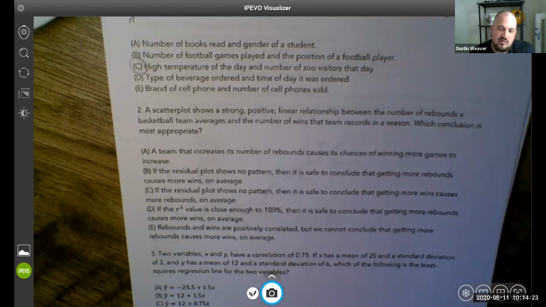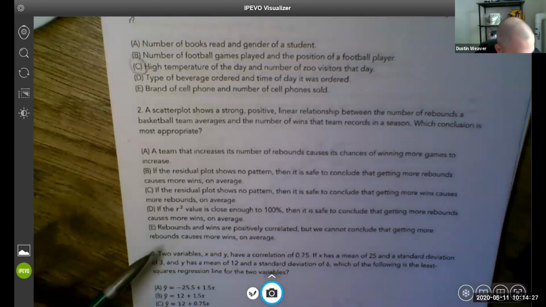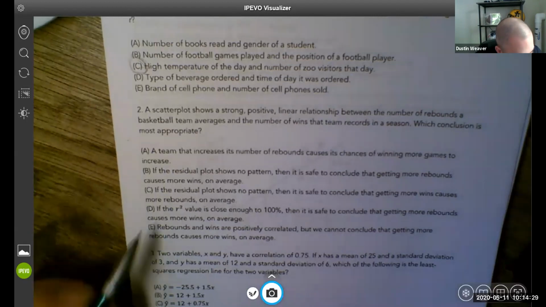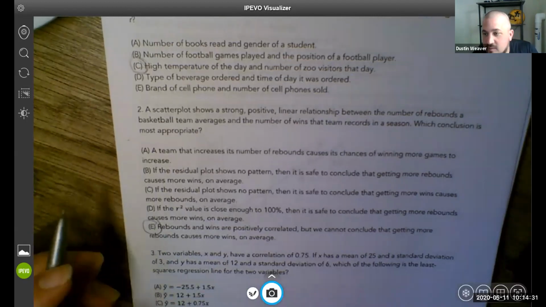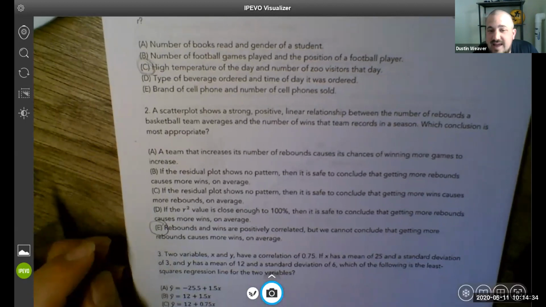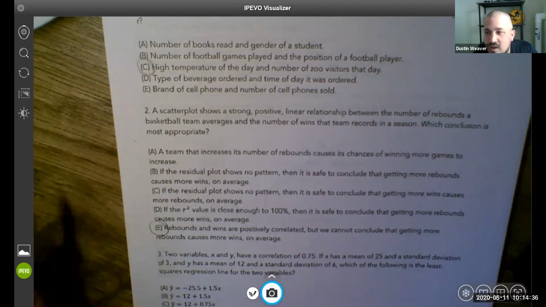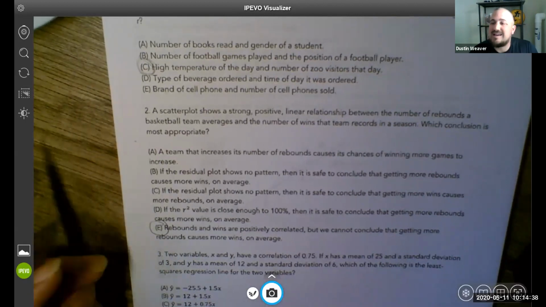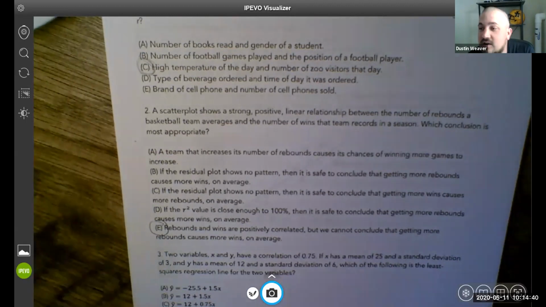Okay, so I'm going to go through. This is a tricky one for you. The answer to this is actually E. Now I'm going to go through why. Just because something has a high correlation does not mean that one thing causes the other to happen. It just may mean that they have a relationship with each other.